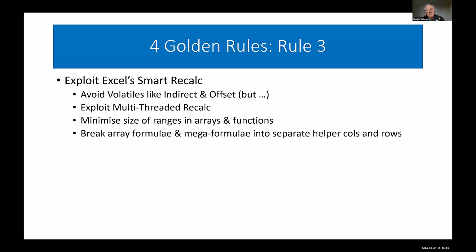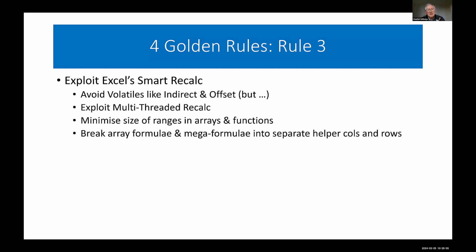Exploiting multi-threaded recalc is important because these days almost everybody's PC has got 4, 8, 10, 12, 20 different cores, and so you want to really make sure that you're using those properly, and that essentially boils down to trying to avoid those single-threaded functions like INDIRECT.